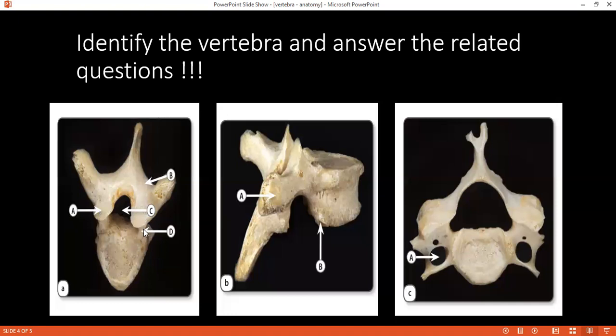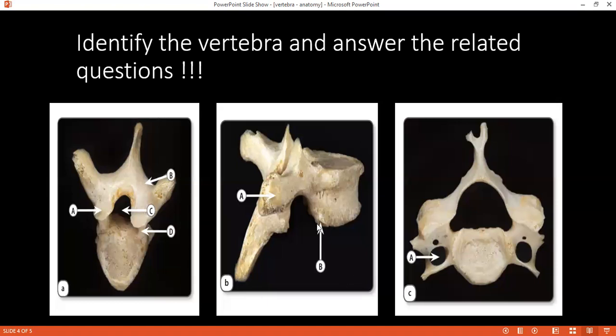Okay, all right. Can you discuss picture B, please? Yes, ma'am. B is the spinous process. A is the transverse process, and B is the inferior... Sorry, ma'am, I forgot.